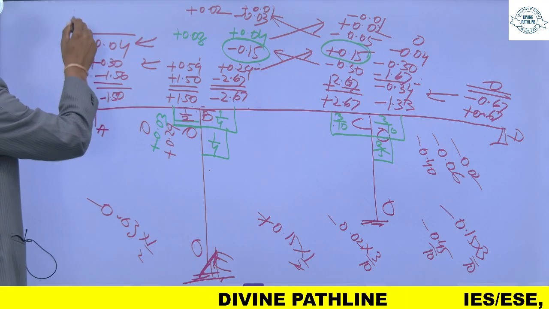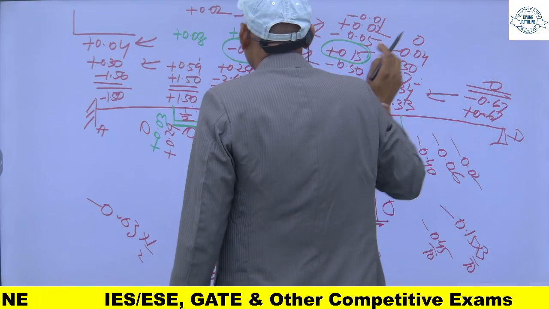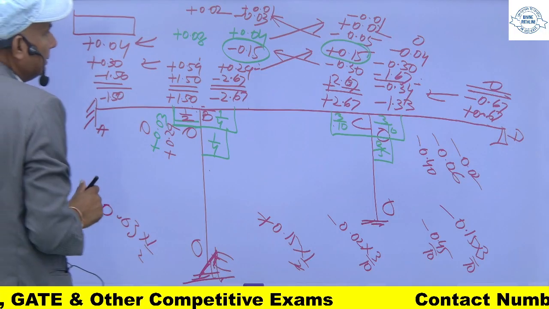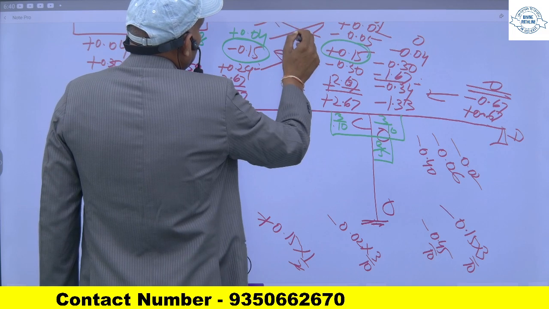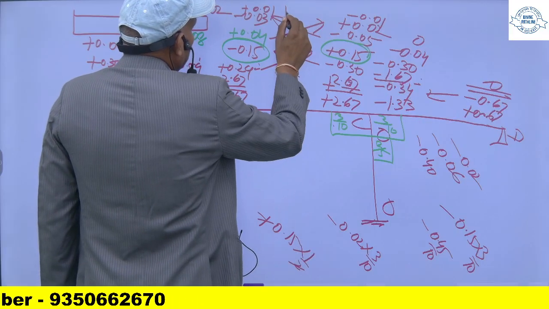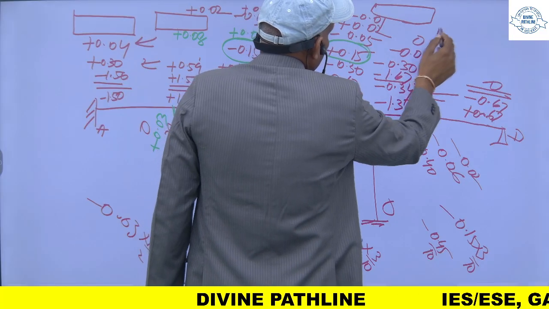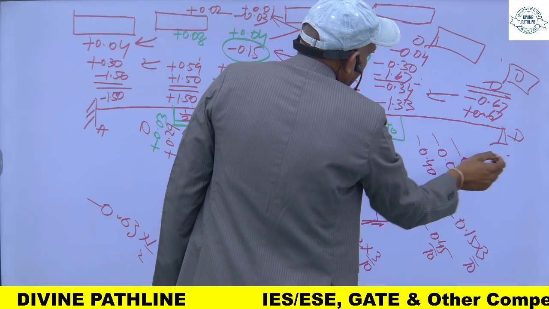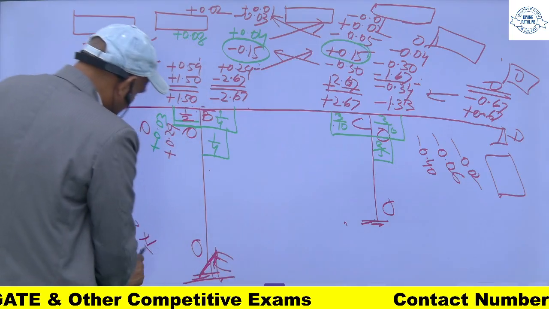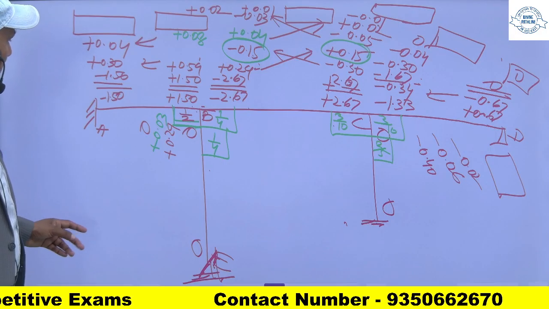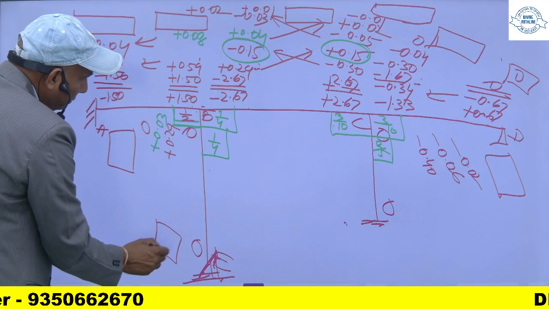Now the sum of this, sum of this, sum of this is 0, so the sum of this and the sum of this is 0, this also 0.